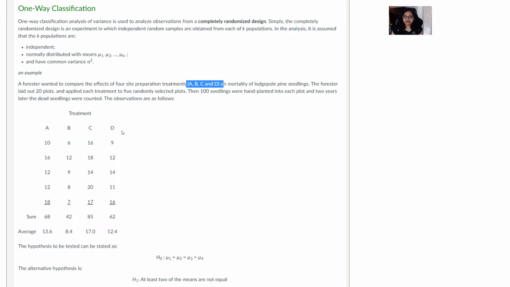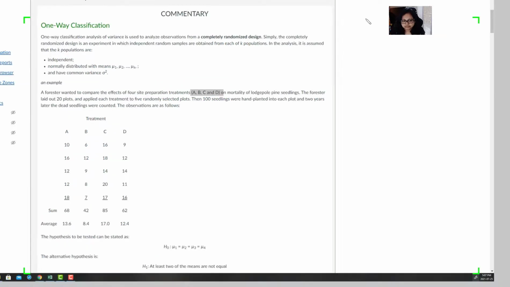So you can see that we have treatments A, B, C, D, and then we selected 20 plots, but then again we randomly allocate treatments into those plots. Let me draw that. That might be easier for you to understand. So let's say we have, let's draw that.